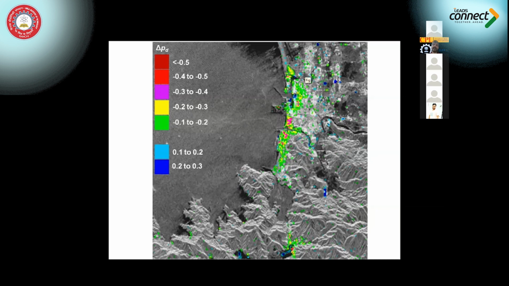You can relate the intensity of damages, but you can also see some increment in the double bounce that could be due to new construction, which we can see on the land here. New construction might have taken place, but you can also see here that some debris of houses retreated along with the tsunami.